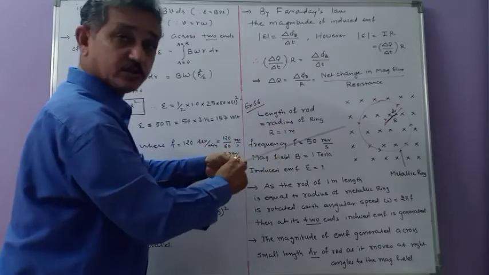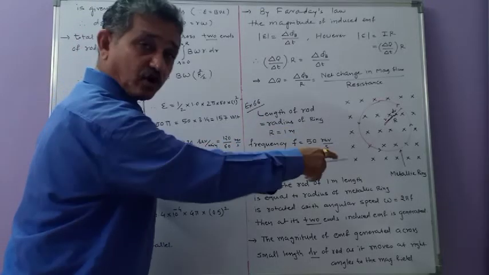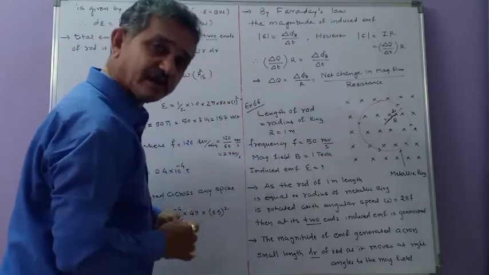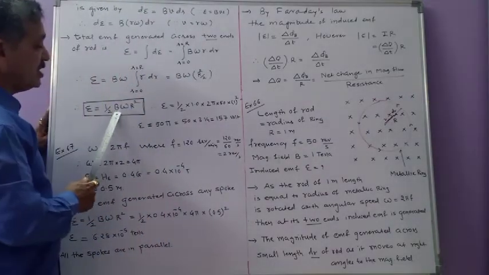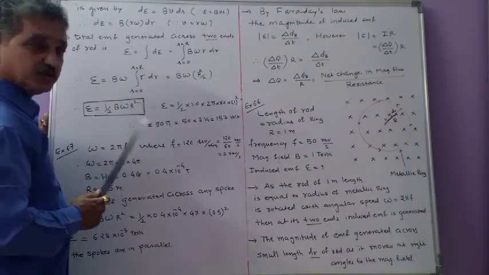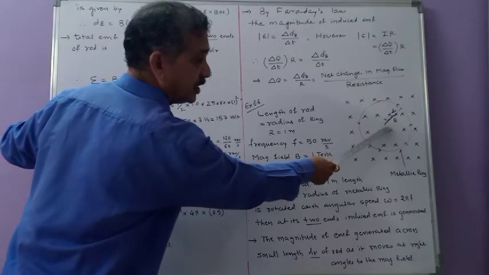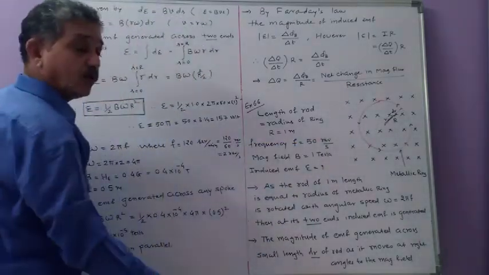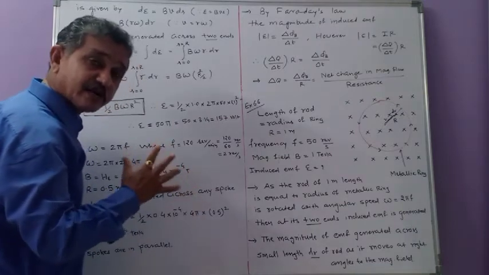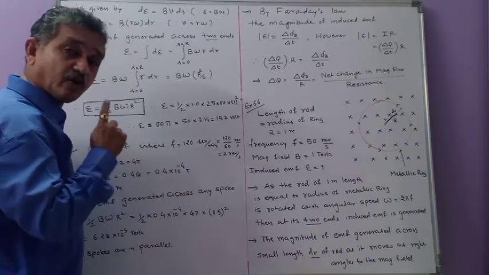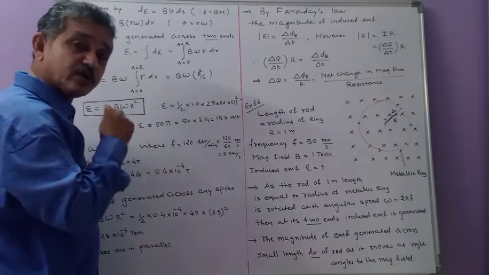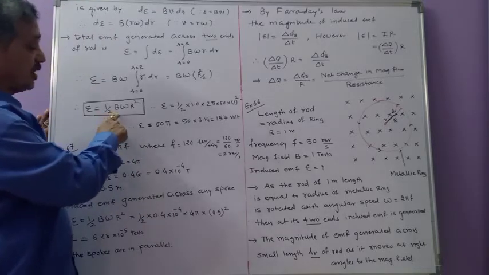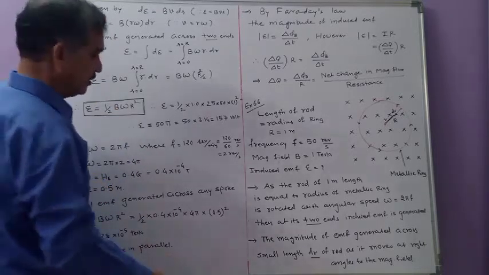Then across two ends of such a spoke, the EMF generated is given by 1/2 B omega R², जिसका एक एंड सेंटर पे है वो पॉजिटिव की तरफ वर्क करेगा, यहाँ पे जो है वो नेगेटिव की तरफ वर्क करेगा. And all the spokes are considered in parallel. That's why across every spoke the induced EMF generated is given by E equal to 1/2 B omega R².